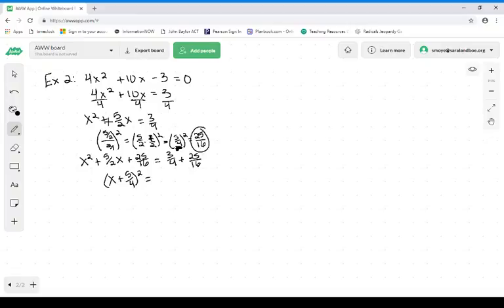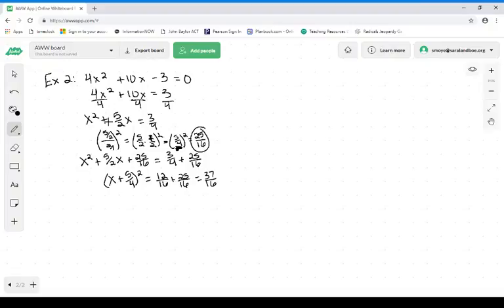So obviously here we need to get a common denominator. Let me go ahead and do that here. The common denominator is going to be 16. That means I need to multiply the top and bottom by 4. So we have 12 over 16 plus 25 over 16. And that is going to give us 37 over 16.